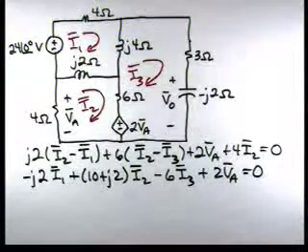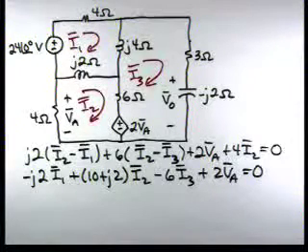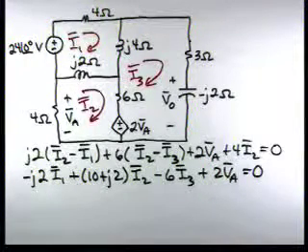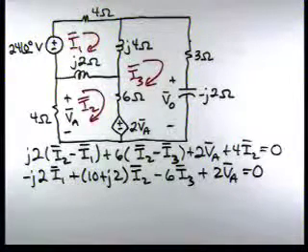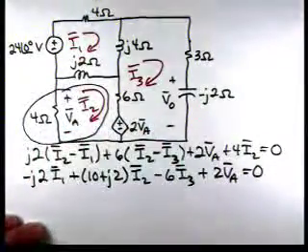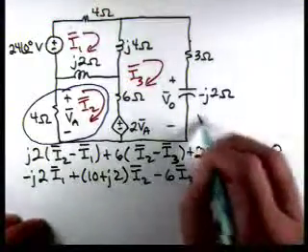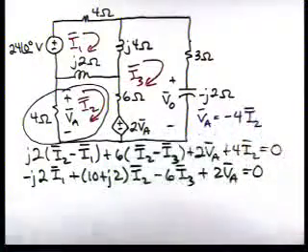Now we've got our variables I1, I2, I3, and also VA in this equation. If we look at our problem solving strategy, in step 3 we need to express the controlling variable for those dependent sources in terms of the loop currents. So if we look at where VA is in the diagram, VA is minus 4 times I2.